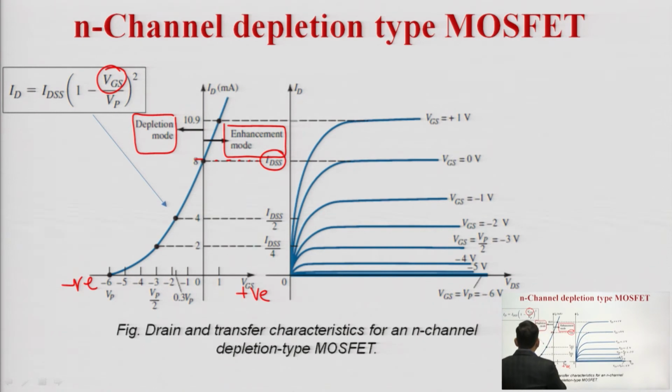When VGS equals VP, we have ID equal to 0. When VGS is positive, the current increases parabolically, which is called the enhancement mode. This is known as the transconductance curve, or the transfer characteristics.